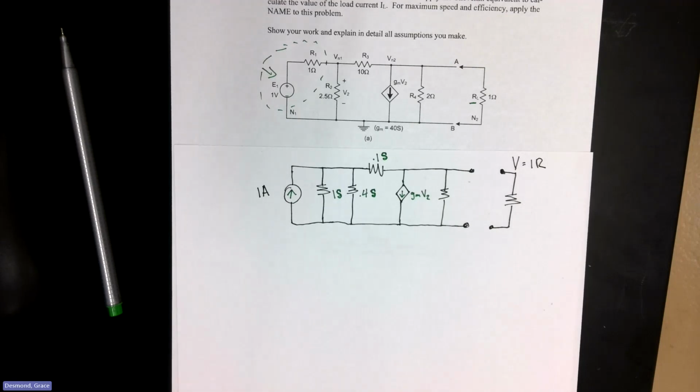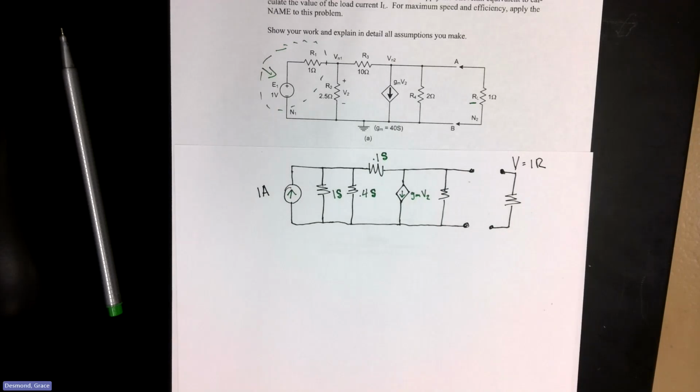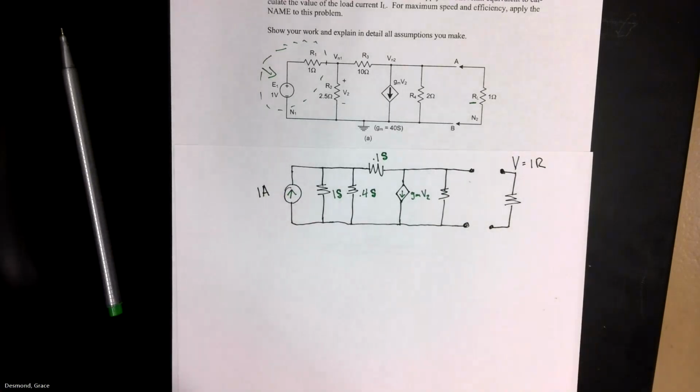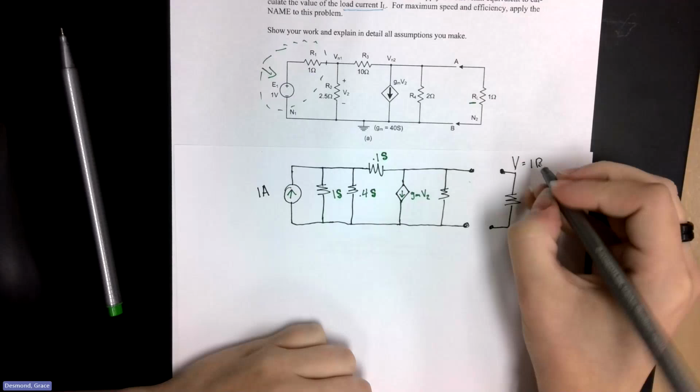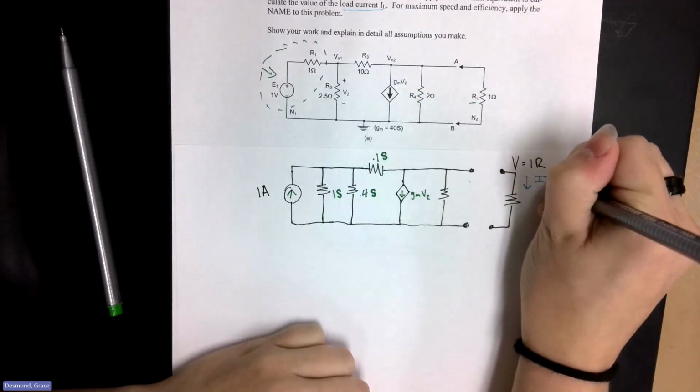We want an equivalent up to those 2 points, A and B. And from there, we can figure out any current that we want to go through the load resistor. Because eventually we want the load current. So eventually we're going to find this current IL.